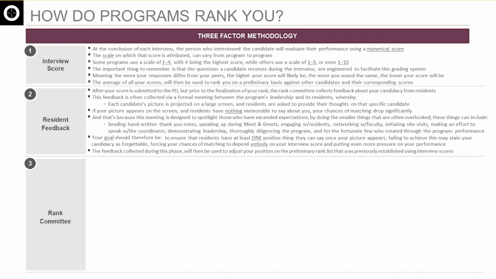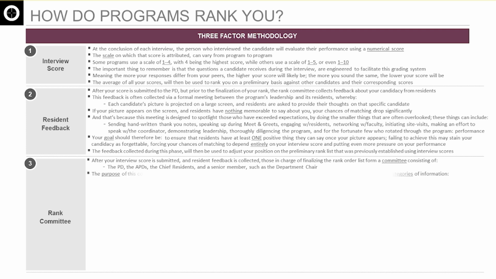And finally, factor number 3. After your interview score is submitted and resident feedback is collected, those in charge of finalizing the rank order list form a committee consisting of the PD, the APDs, the chief residents, and a senior member such as the department chair. The purpose of this committee is to conduct one final comprehensive review of the pending rank list by taking into account 2 categories of information.